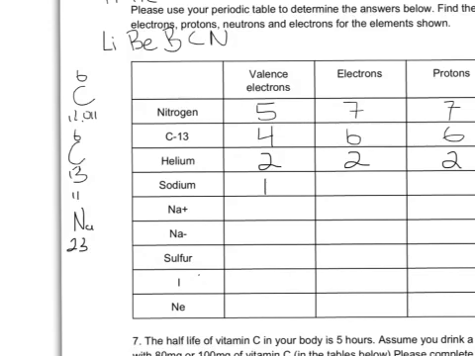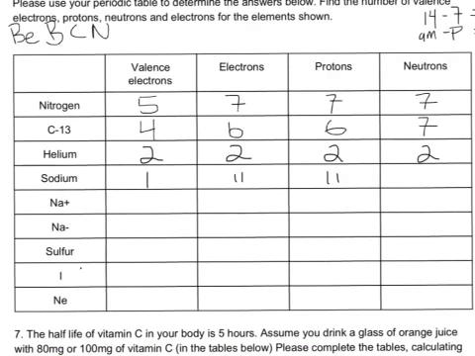Its total number of electrons will balance its protons, which is 11. So it will have 11 electrons and 11 protons. And then for the neutrons, we have an atomic mass of 23, 11 protons. Atomic mass minus protons equals neutrons. 23 minus 11 equals 12 neutrons.